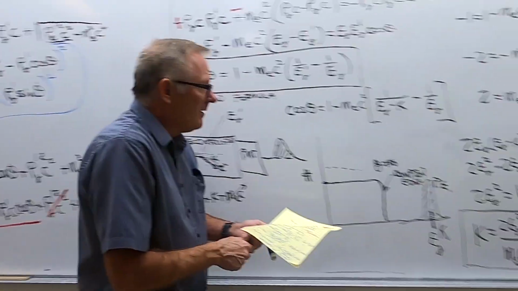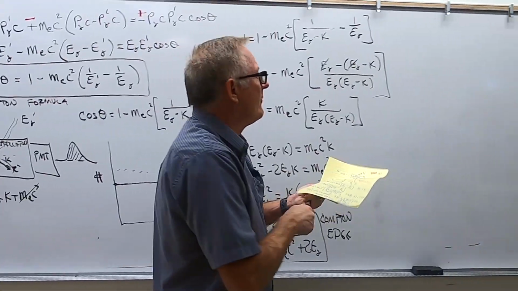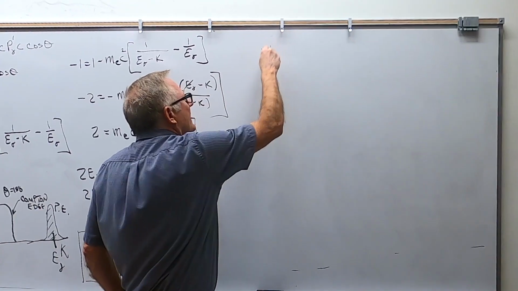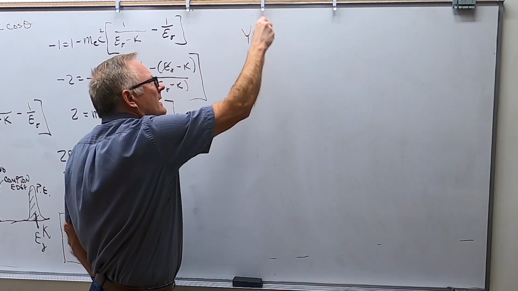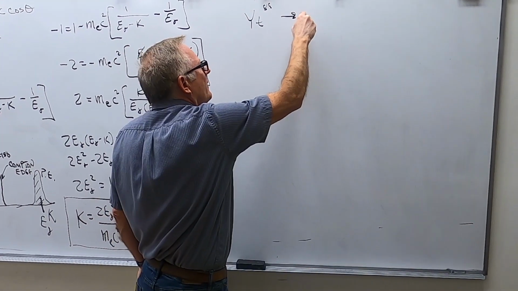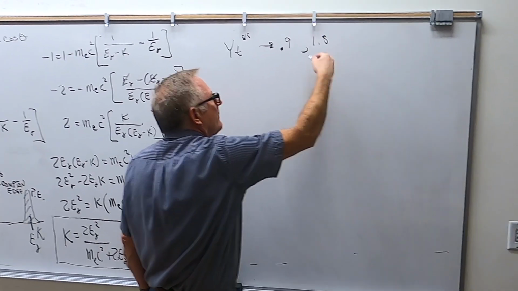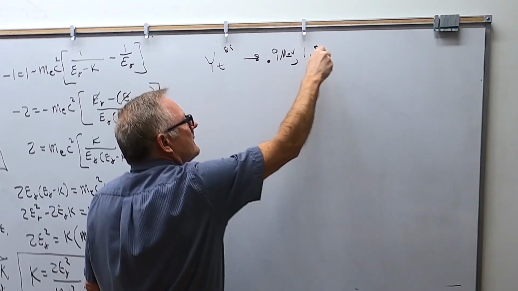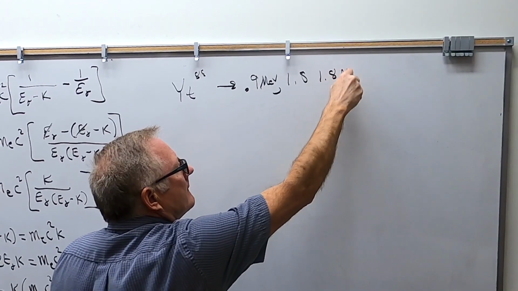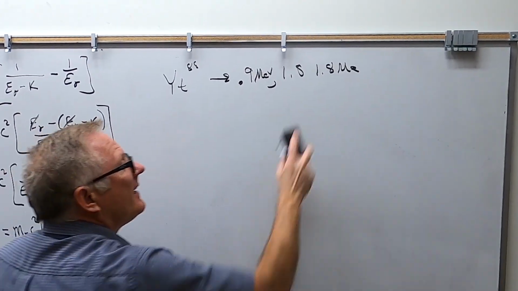Suppose it had one, like yttrium, you'll have one in the homework, yttrium 88 puts out 2 gamma rays, one at 0.9 and one at 1.8 MeV.